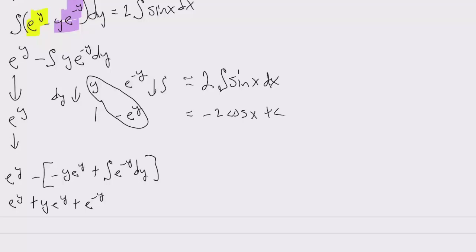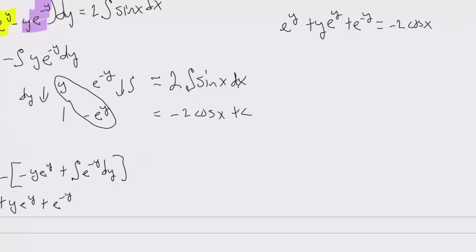So let's put all of this together. We got e to the y plus y e to the y plus e to the negative y equals negative 2 cosine x plus c. Okay, so our general equation looked like that.